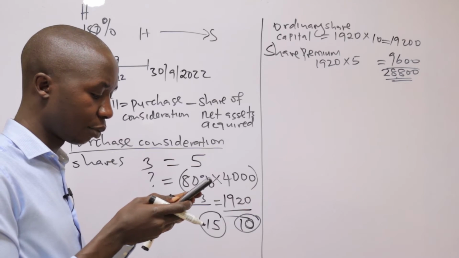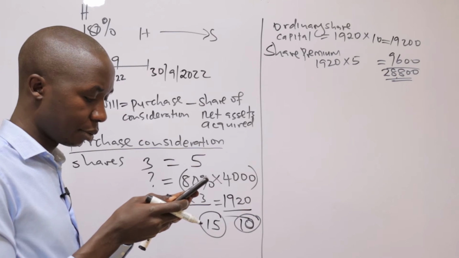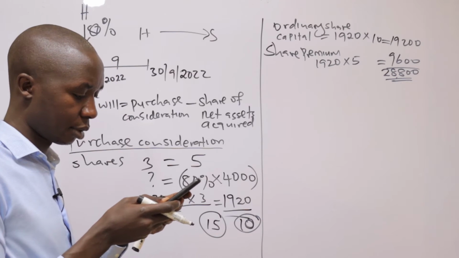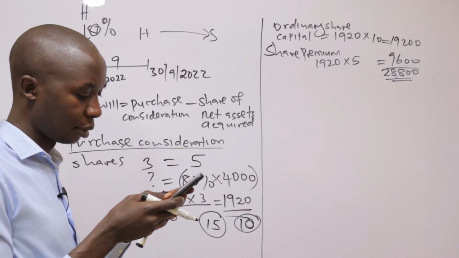H Limited's cost of capital is 10% per annum, and the discount factor is 10% for 1 year.